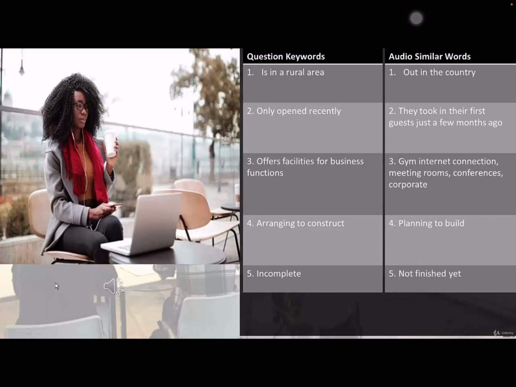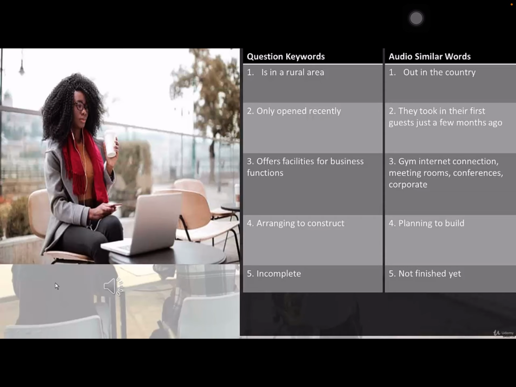So what I'm trying to do here, everybody, is start getting you to train your ear to hear paraphrasing and synonyms. Right? If you heard these synonyms, then you actually heard all the answer choices for this one. Because the correct answer choice of A, B, and C for number 1 is the answer choice that says out in the country.